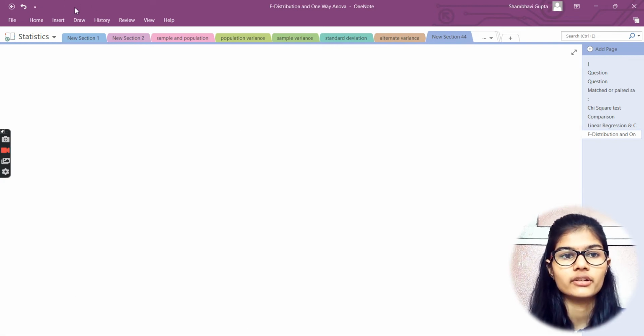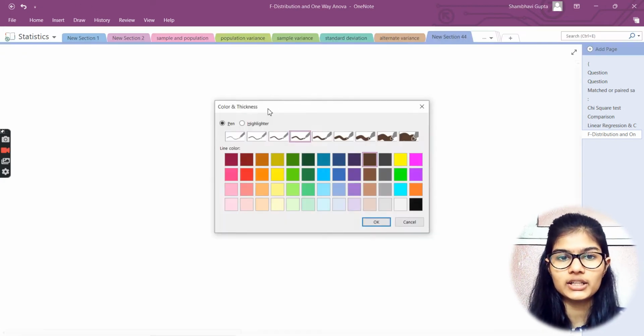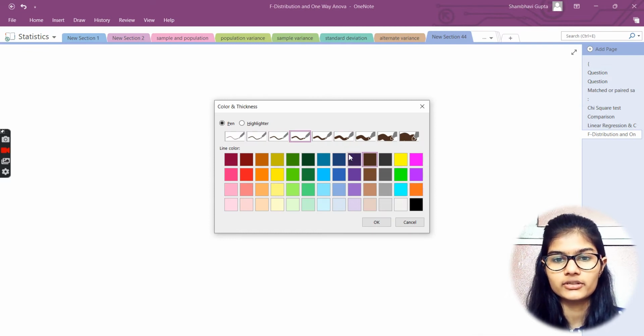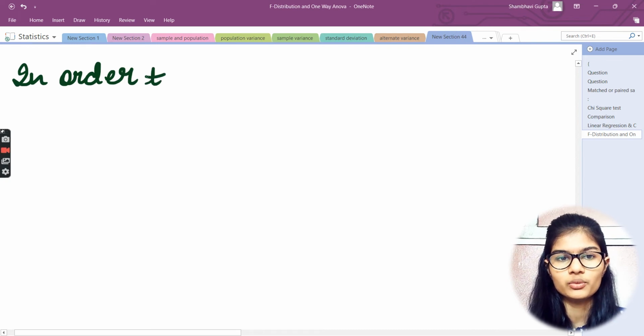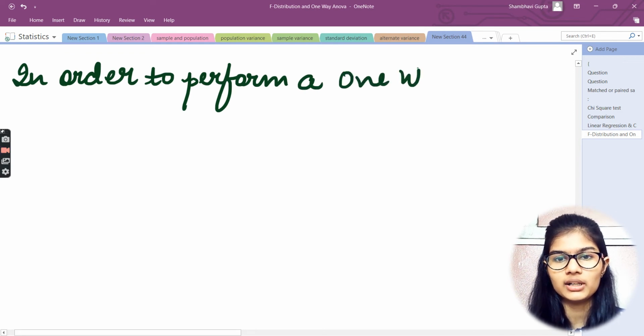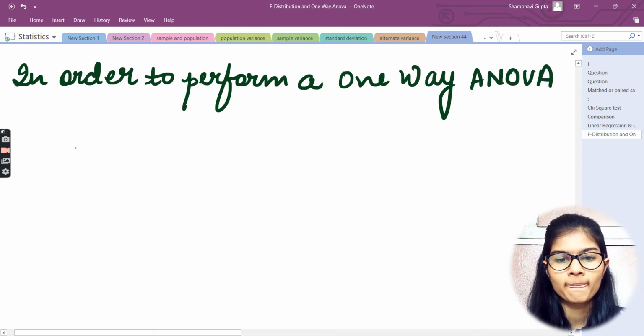Right, let's start out here. I would simply take a new color so I can start writing the relevant things onto this place. So I would mention that in order to perform a one-way ANOVA test, there are a few basic assumptions.